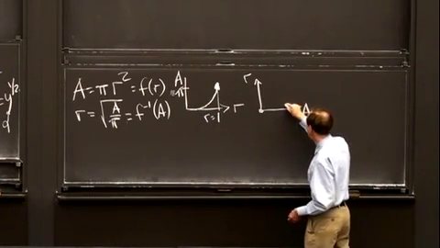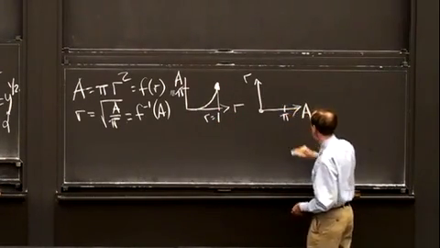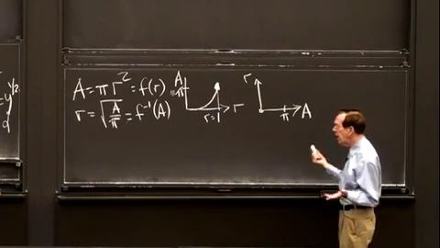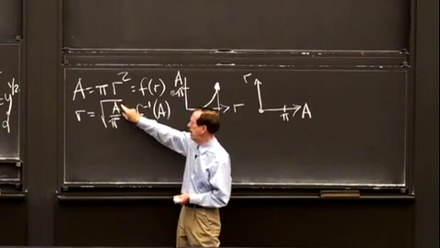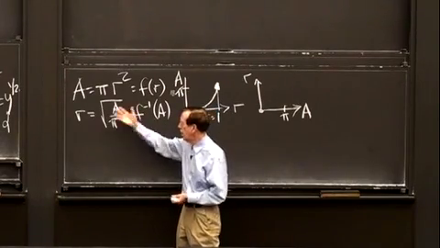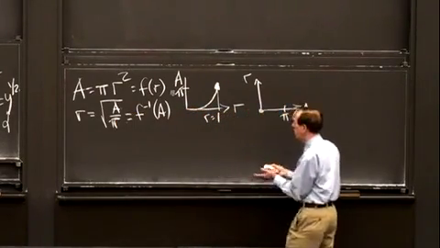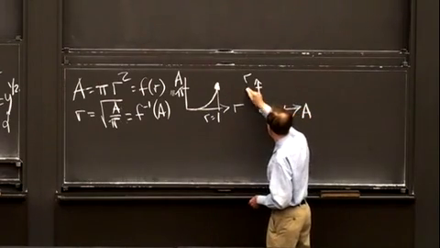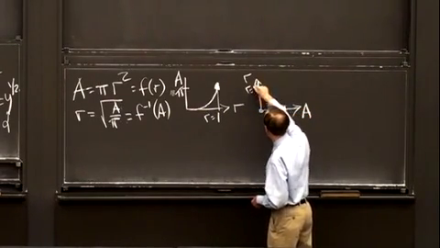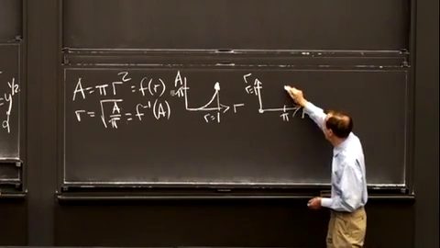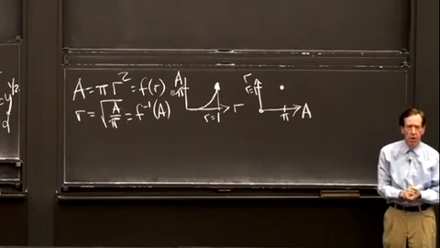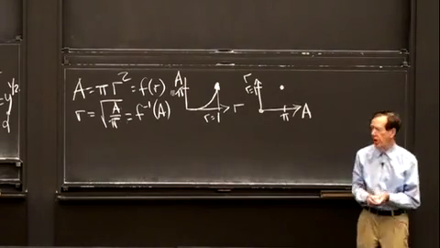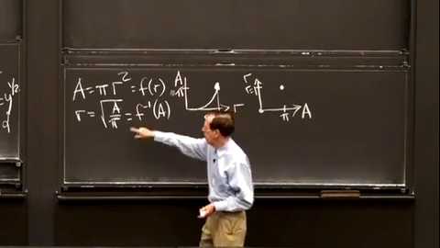If the area is pi, what's the radius? Well, put it in the formula. I have pi over pi, 1, square root 1. The radius is 1. Of course it's 1. So that's a point on the graph of the inverse function, the square root of a over pi.